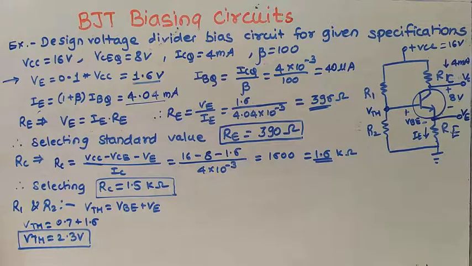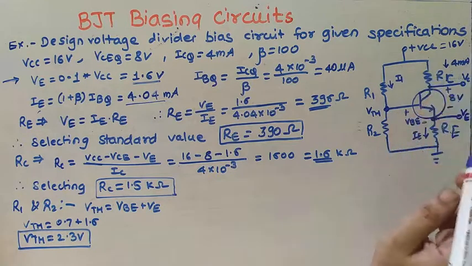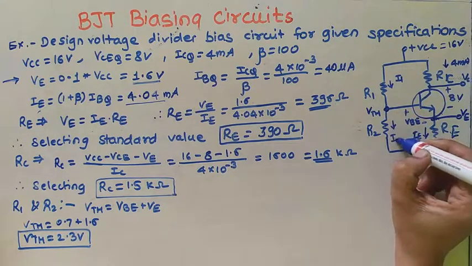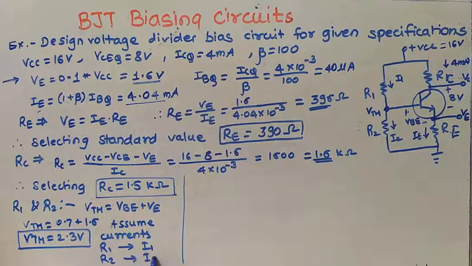Now we have to assume that the current through R1 is I1, and the current through R2 is I2.